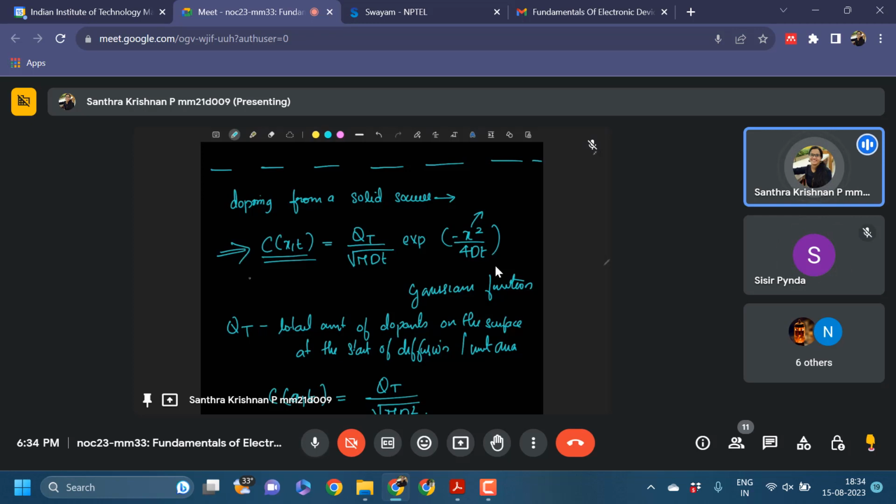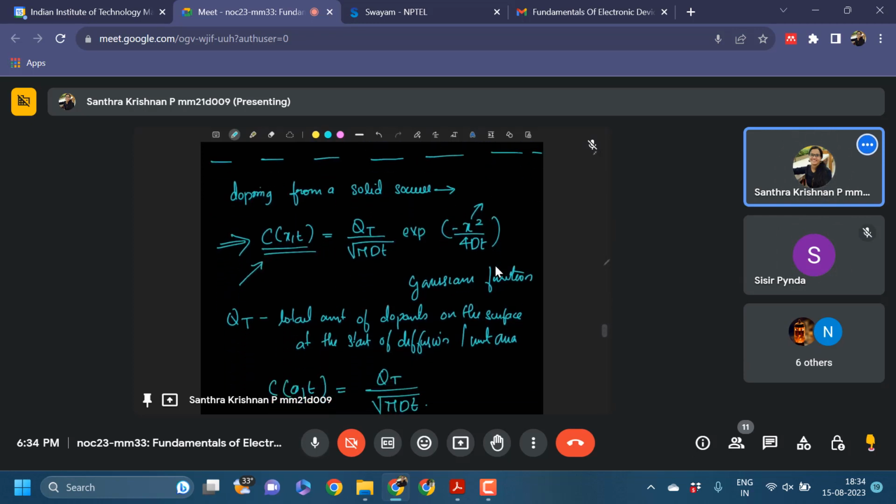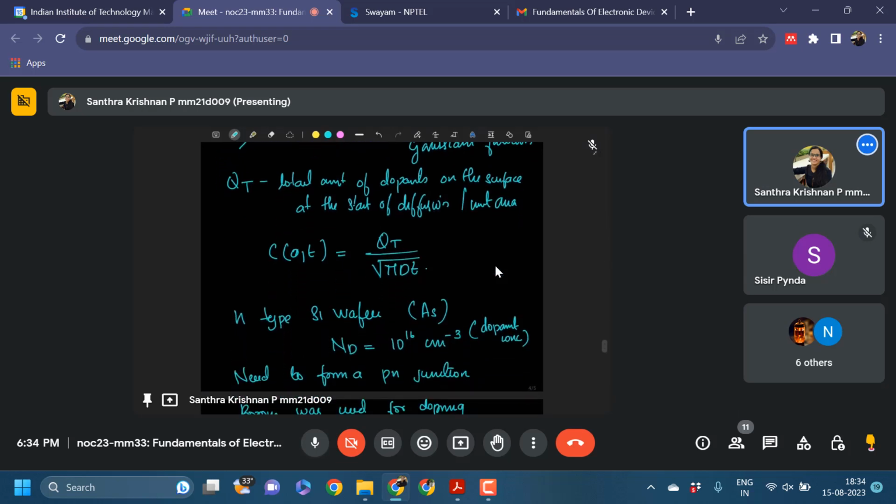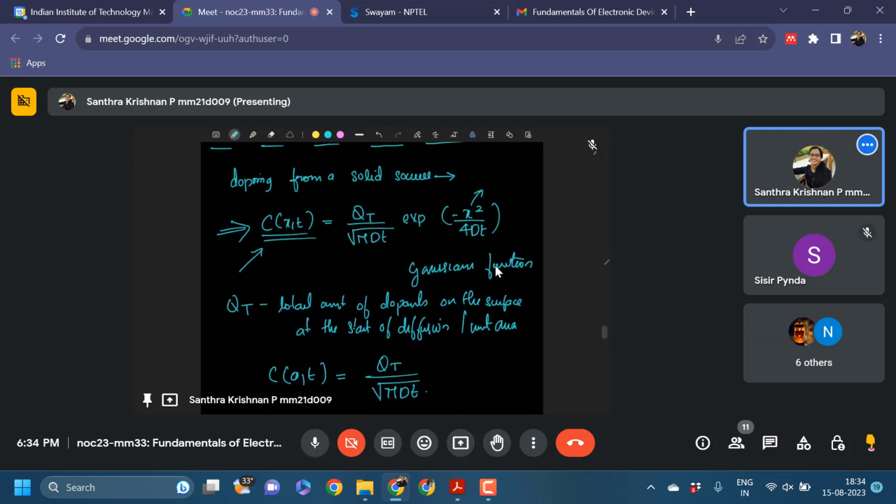So what would be Cx of t? What you said is correct. So you're assuming that wherever n becomes equal to p, that is where your junction is formed. So Cx of t will be replaced by 10 power 16. Right.